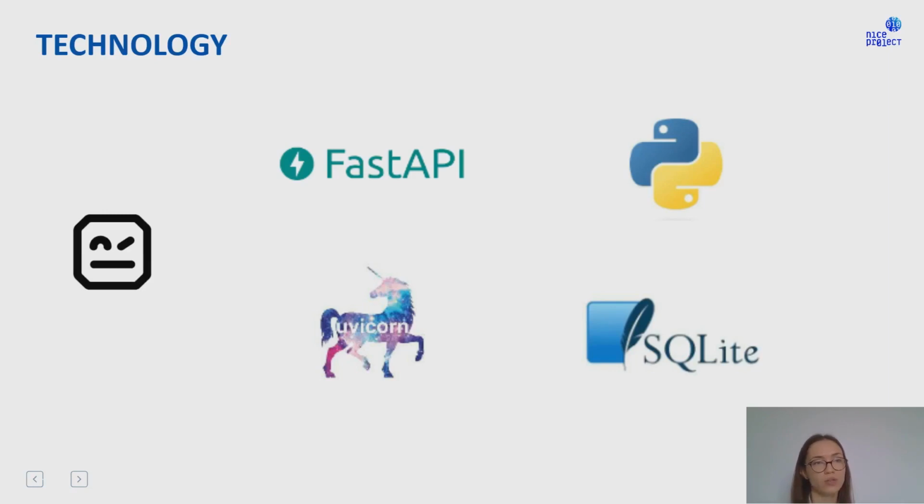Additionally, we use Uvicorn as a web server and SQLite to create the database. As part of our approach, we have also developed a separate small Robot Framework library called NiceRDP Manager, designed to easily use NiceRDP methods.